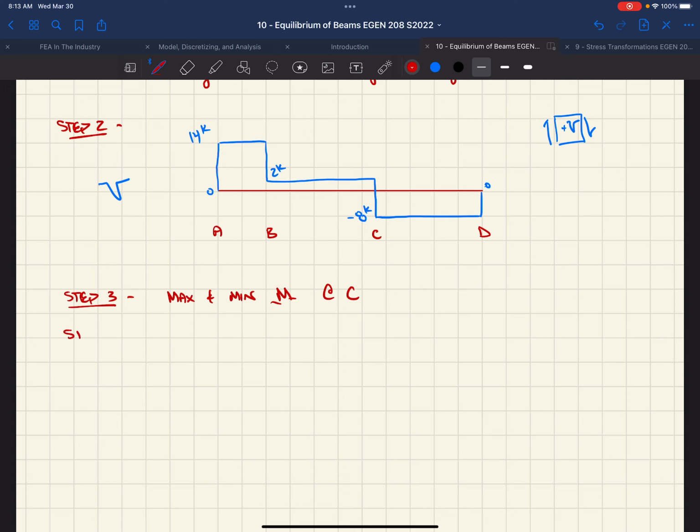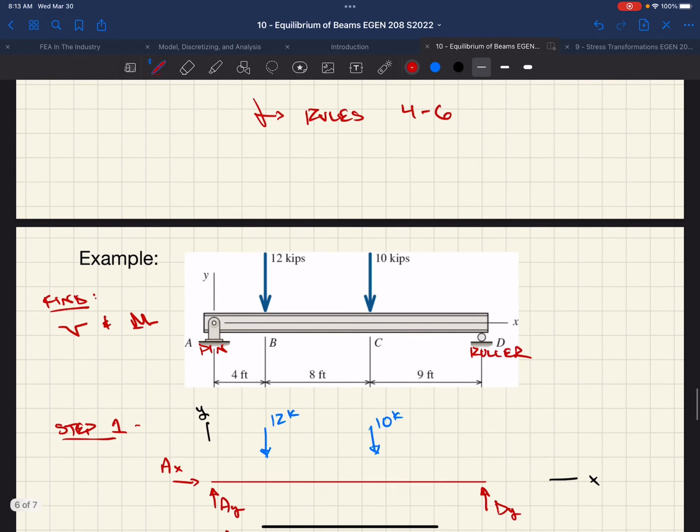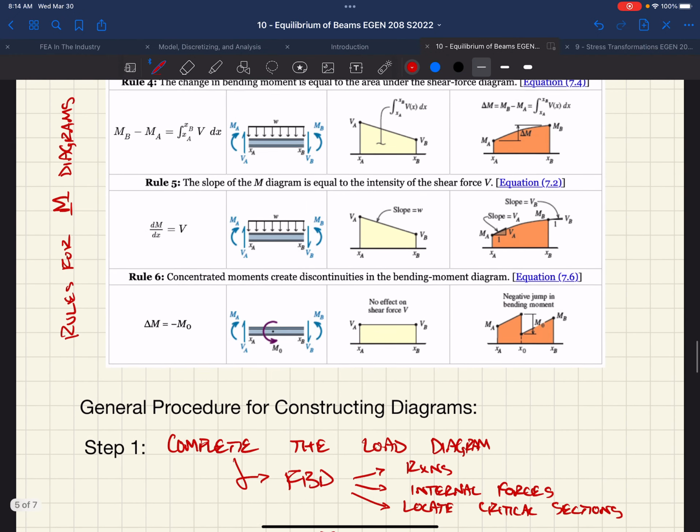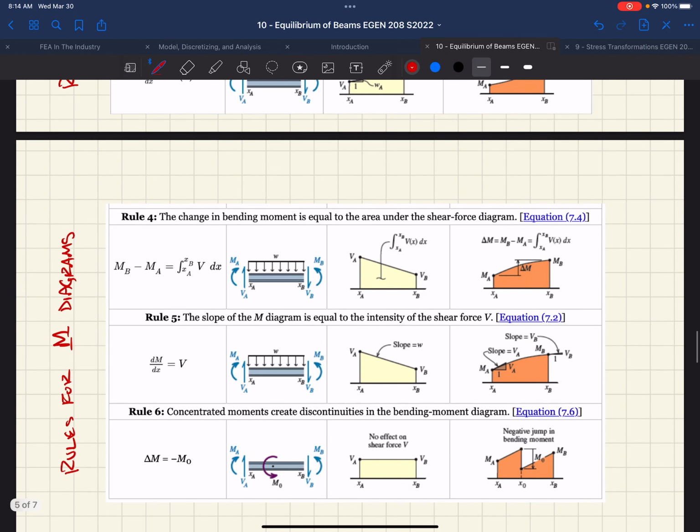If we jump to step 4, this is when we calculate our moment diagram based on our rules, right? Construct our moment diagram based on rules 4 through 6. Those rules establish essentially the idea that our moment is a summation of our shear force diagram, essentially the integral, which is just saying we're summing the area under a curve, okay?